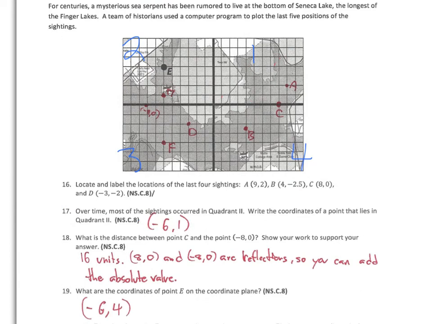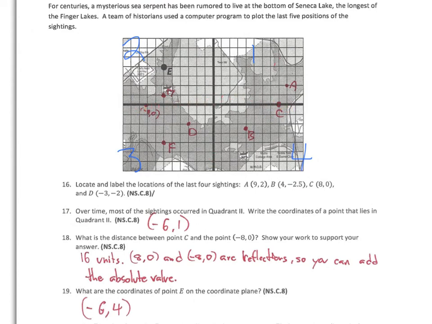And then 18 says, what is the distance between point C and the point -8, 0? So here is point C from problem number 16. And then here's -8, 0. And how far away is it? Well, what you might notice is this is 8, 0, and this is -8, 0. These are reflections over the y-axis, right?